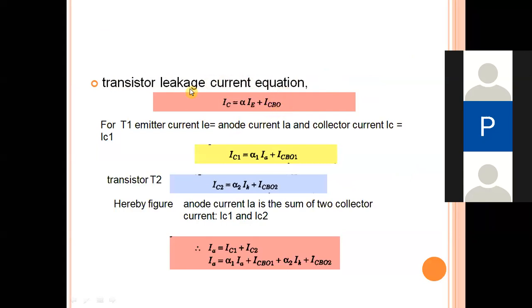This particular equation is going to be applied for transistor 1 and transistor 2. When it is applied for transistor 1, this IC is going to be for transistor 1. So you are going to have IC1 is equal to alpha 1, the gain of transistor 1, times the emitter current IE, plus ICB01.